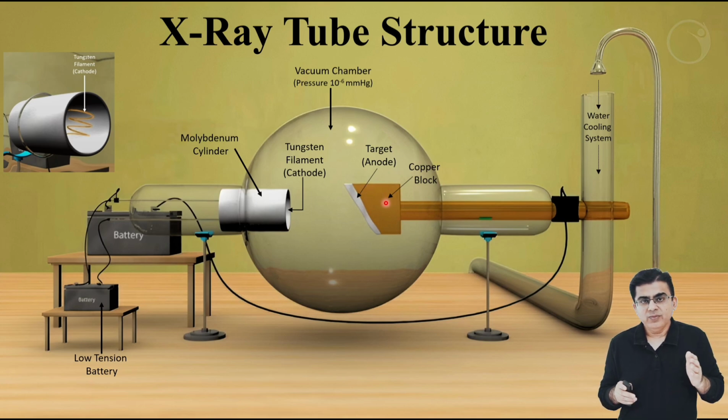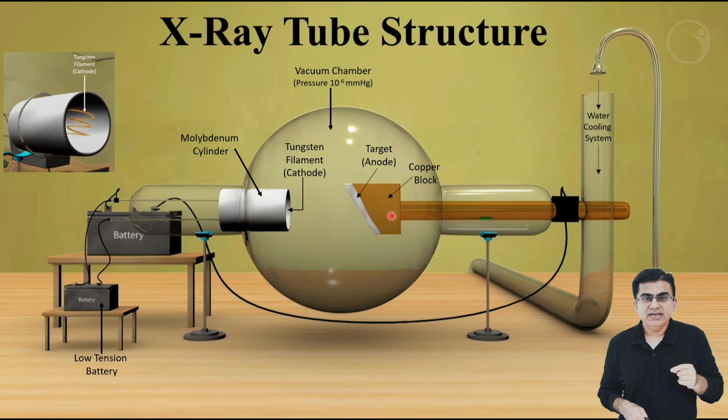There are two very important reasons why we strictly choose tungsten as our target material. First, tungsten has a very high atomic number of 74. This high atomic number significantly increases the efficiency of X-ray production through Bremsstrahlung interactions. We will see that later.